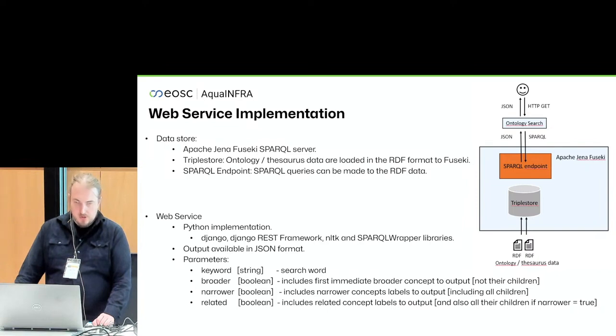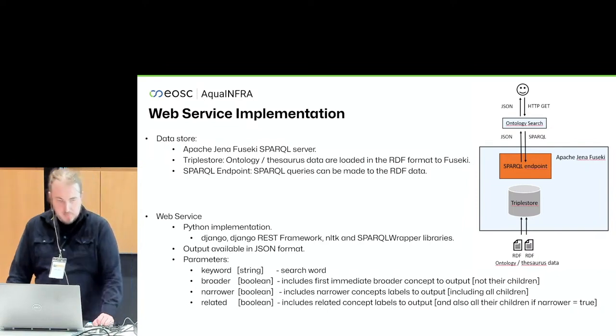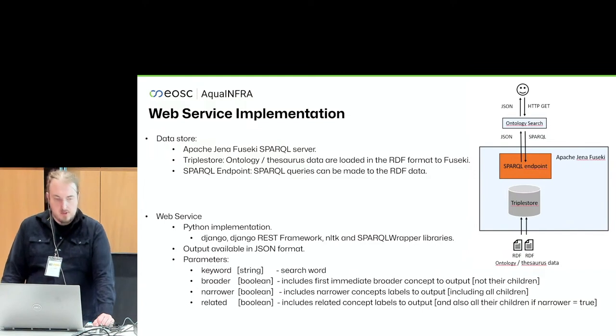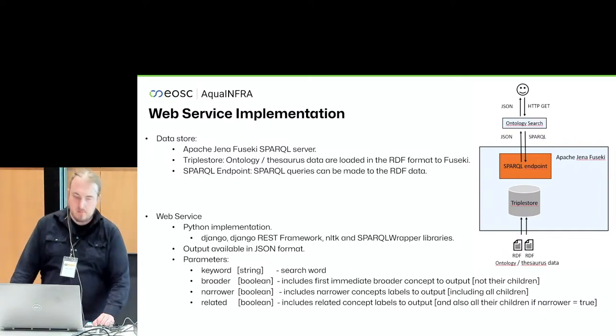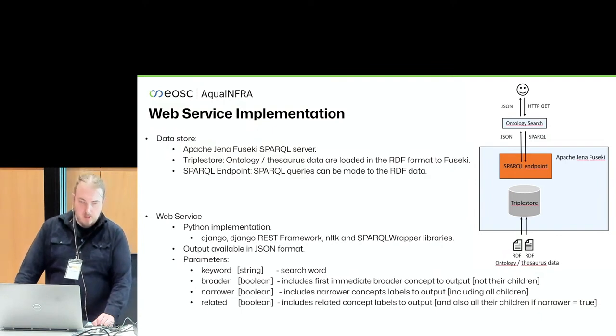Then we created the ontology search API web service. This was implemented with Python, using the Django REST framework, NLTK, and SPARQLWrapper libraries. The output of this service is provided in JSON format.